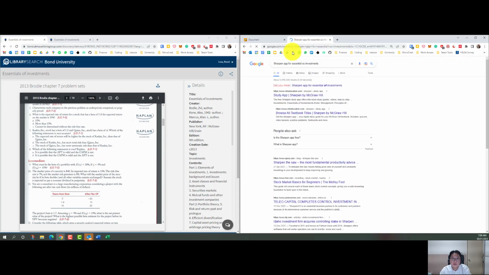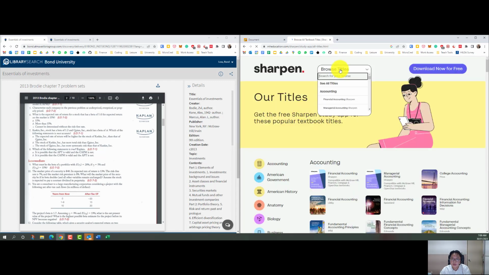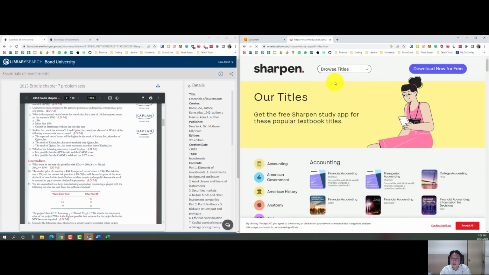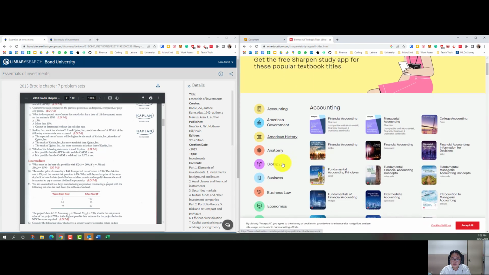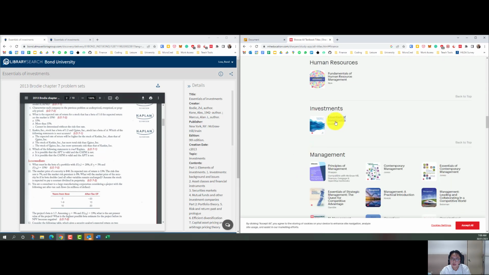I just found this resource, and it's by the publisher of the textbook, and it's freely available. You can go see all titles, go into finance and essentials of investments.